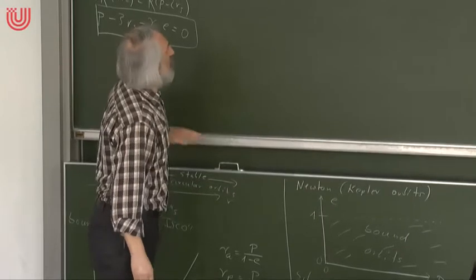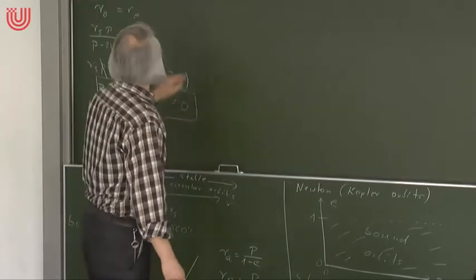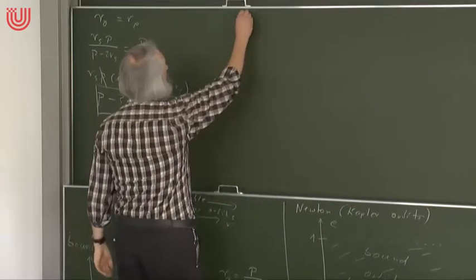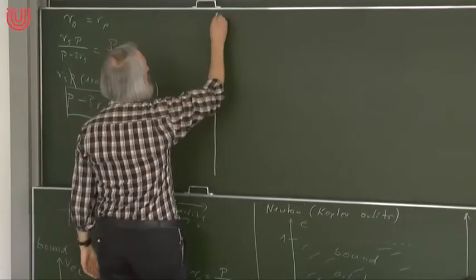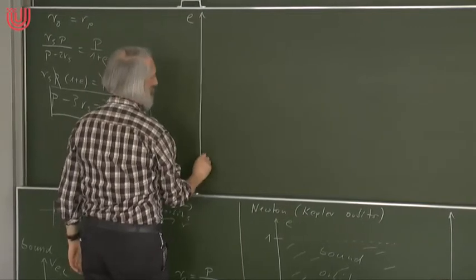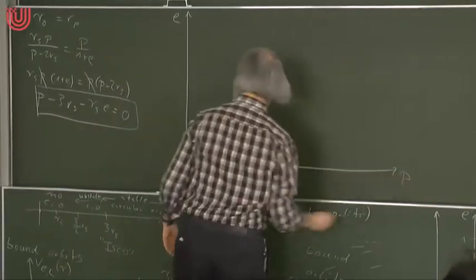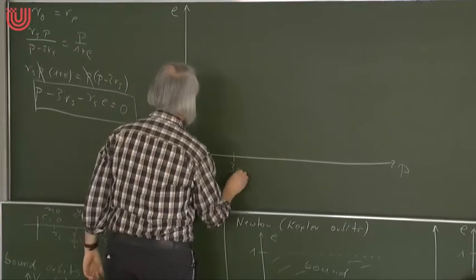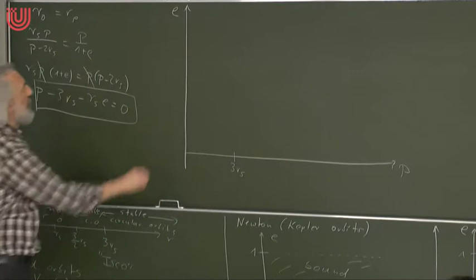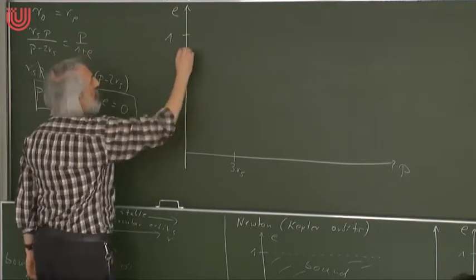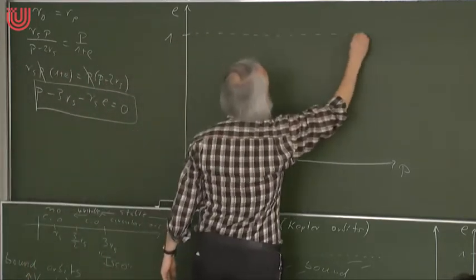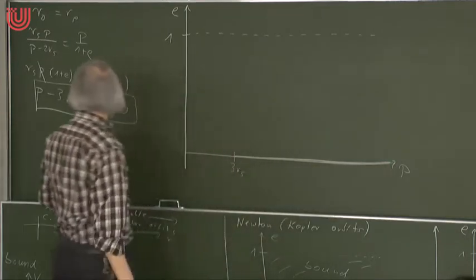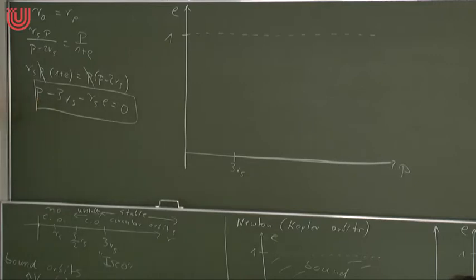And now we can draw the picture. I should do this a little bit larger because I want to indicate a lot of things in this picture. So here I have e, here I have p. Interesting things happen at 3Rs. Here's 1. So we know already this is a boundary and this is a boundary. And now we have found the third boundary, this equation. Where does it meet the axis?